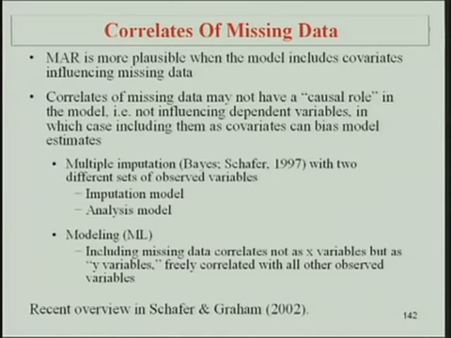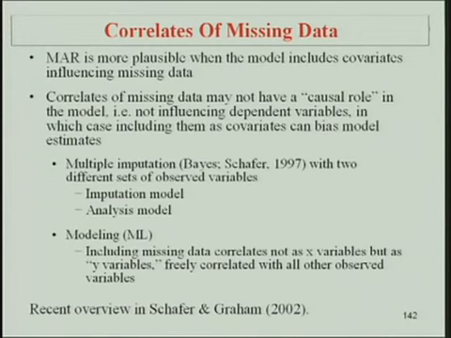But the problem is that sometimes correlates of missing data may not have a quote-unquote causal role in the model, that is, they are not influencing the dependent variables in the substantive sense, but only influencing the missing data. And then if you include them as covariates, they can bias the model parameter estimation, because you include variables that shouldn't be in there from a substantive point of view. You're just including them because they predict missingness.